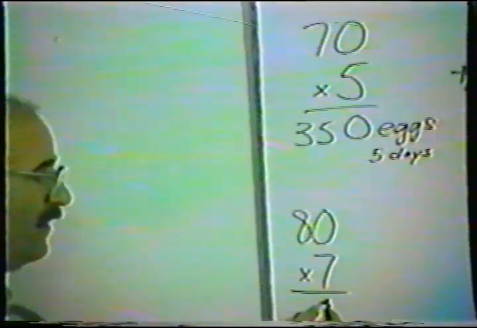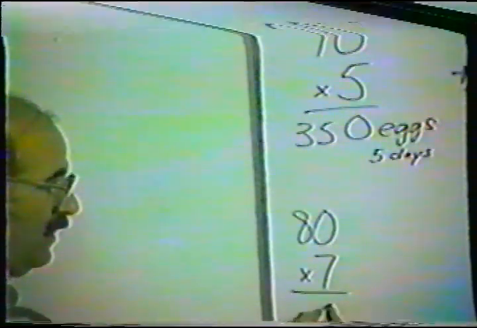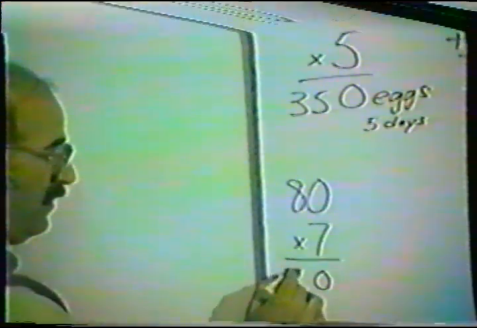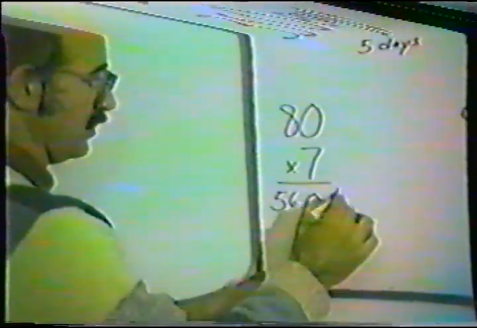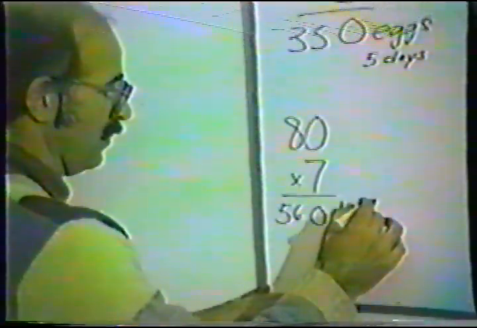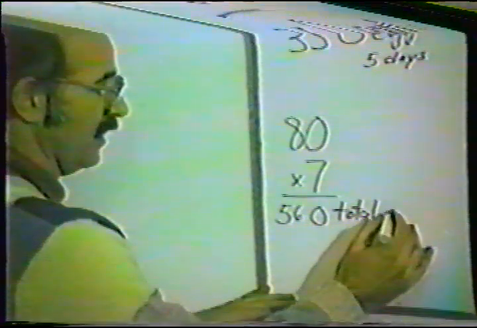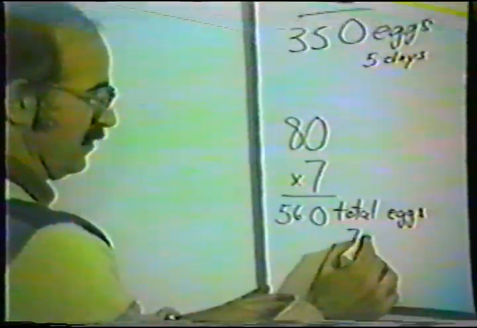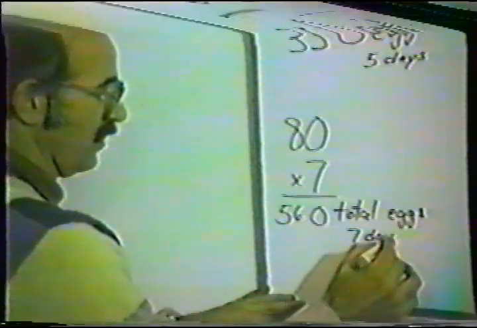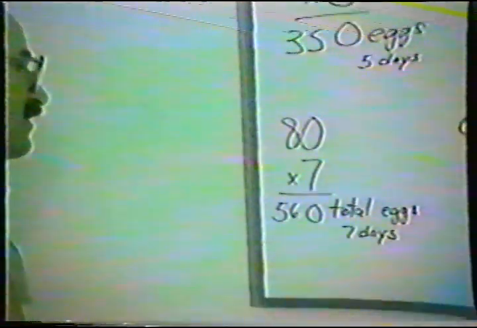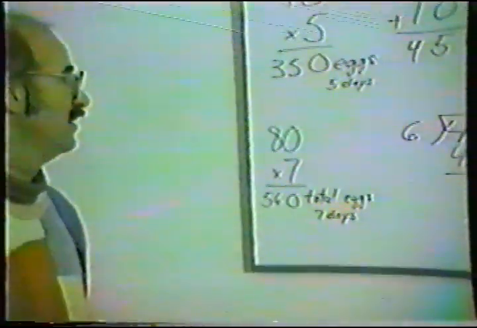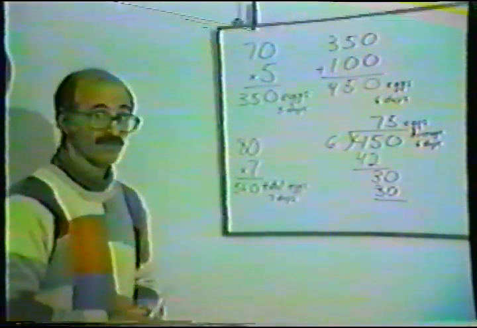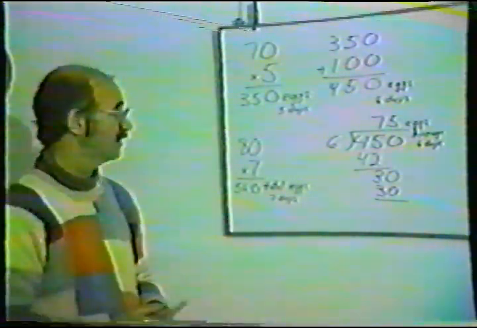0 times 7 is? 0. 8 times 7 is? 56. That means the total number of what? Eggs. Eggs for how many days? 7. If the total is 560 for 7 days, how many was the total for 6 days? 450.